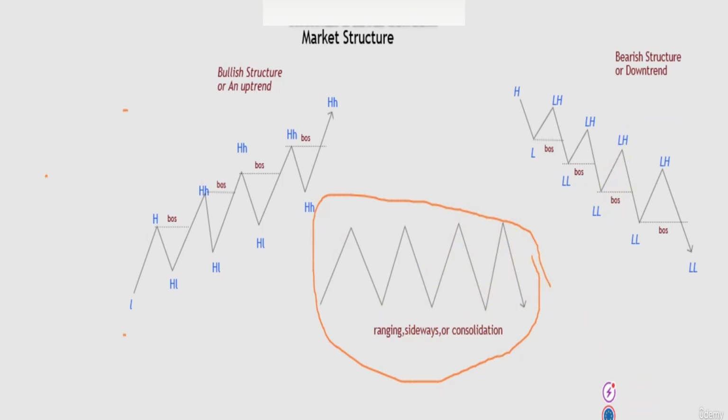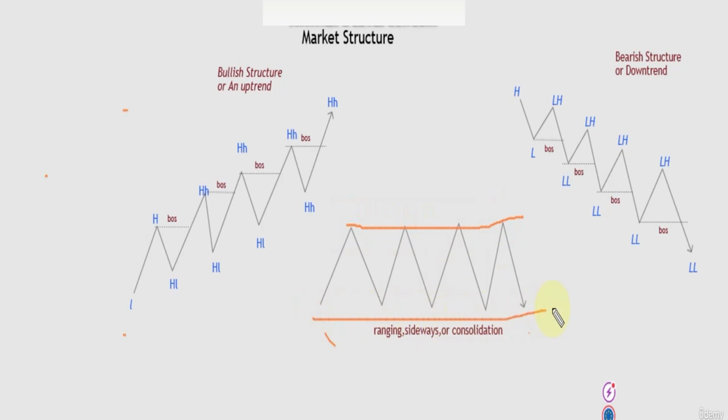Though for those that trade support and resistance, yes, they can survive in this kind of market. How? Because if we look at it this way, this is the resistance, okay, and this is the support. So maybe from here, once price touches this line, they put a sell order.